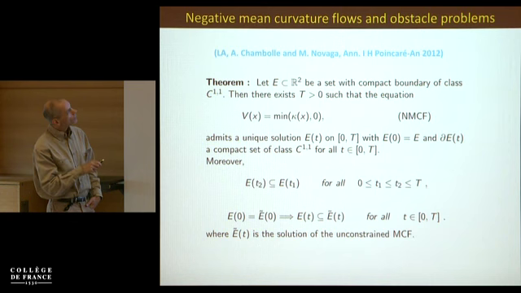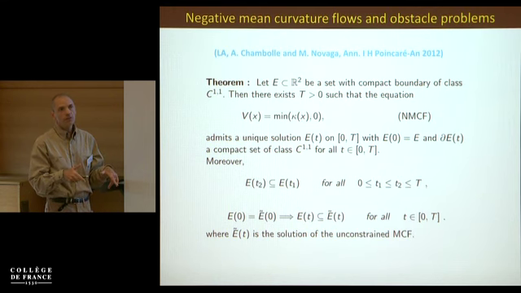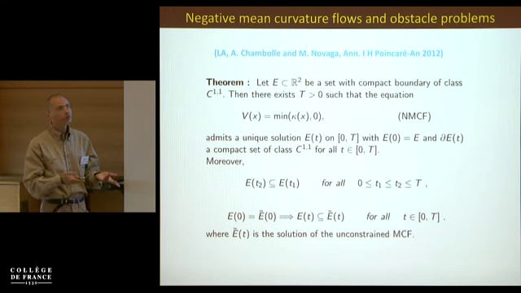Then you know that if you look at an equation where you make every point move with a speed which is the minimum between its local curvature and zero, so you will be saying, okay, where the curvature is negative, I move with the curvature. Where the curvature is positive, then the minimum will be zero, so I don't put any speed. This is sort of saying I'm putting the cable only where the curvature is negative and putting nothing where the curvature is positive, and seeing how this thing will evolve.